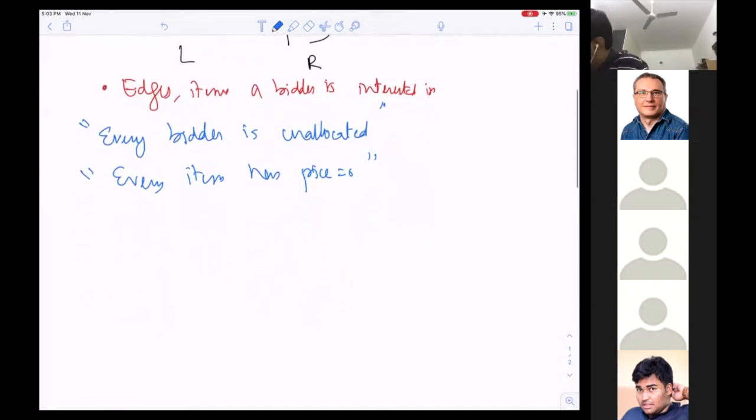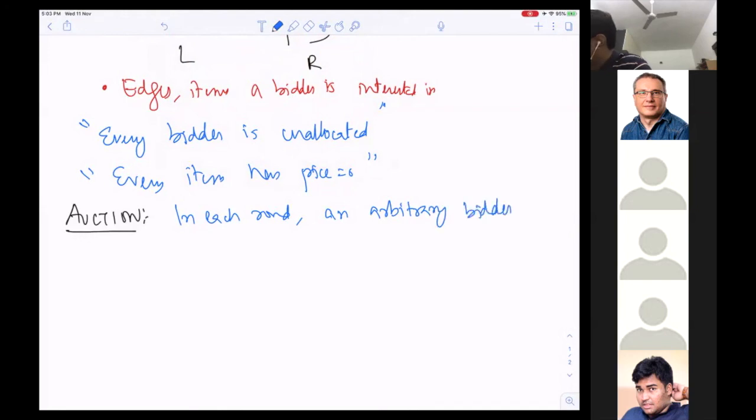So I'm going to define an auction. The auction happens as follows. In each round, an arbitrary unallocated bidder, not anybody, is selected.